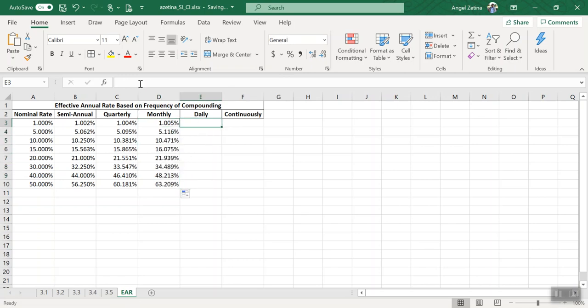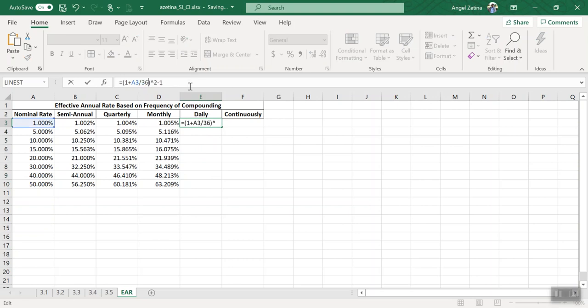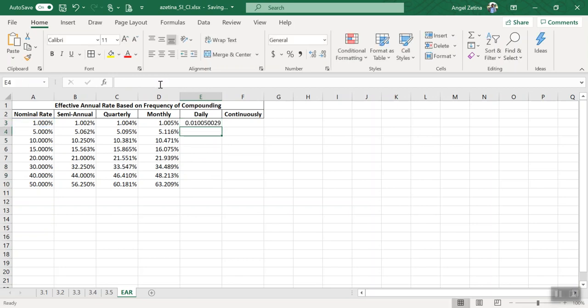For daily, same thing. This one will be 365, to the power of 365. Percentage, increase the decimals, drag down. Now, for continuously, we have to be careful because the annual effective rate is given differently.